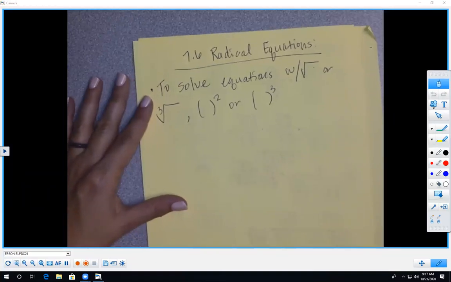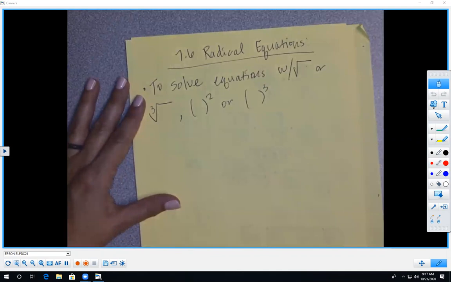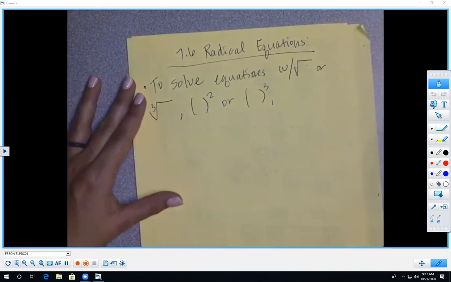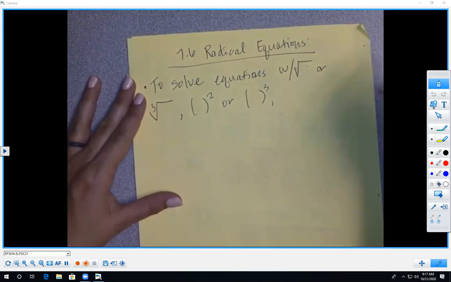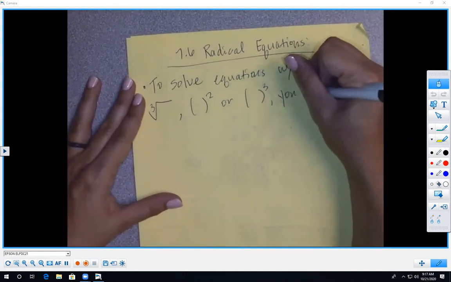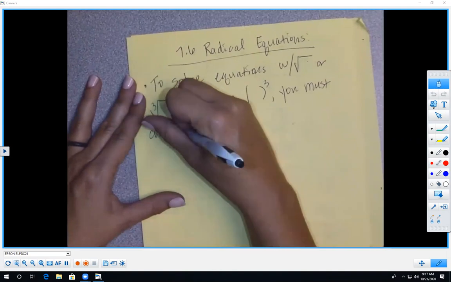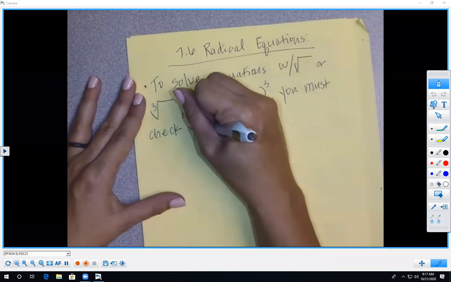One weird thing about these problems is sometimes they have these things called extraneous solutions, and I'll show you what that means in a minute. Essentially, what that means is you just have to check your work. You have to check your answer on these, because every once in a while, a problem will not work out. You must check your answer.